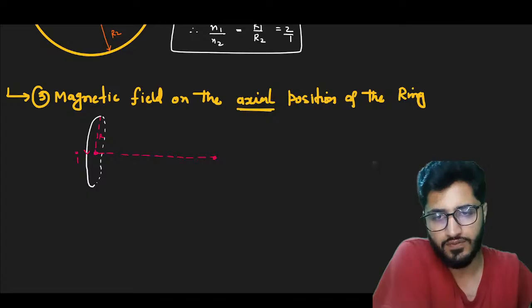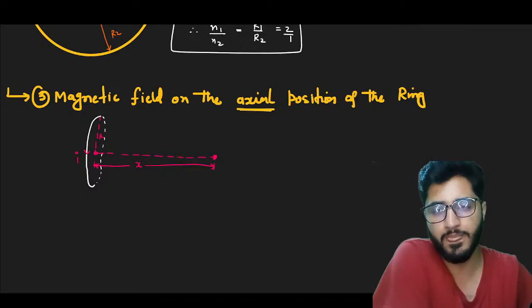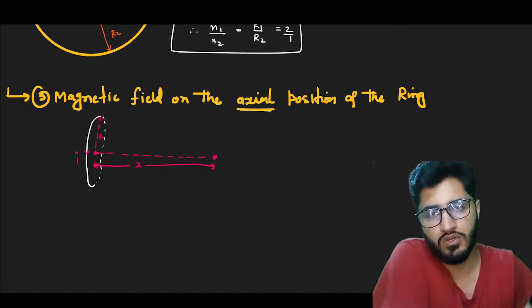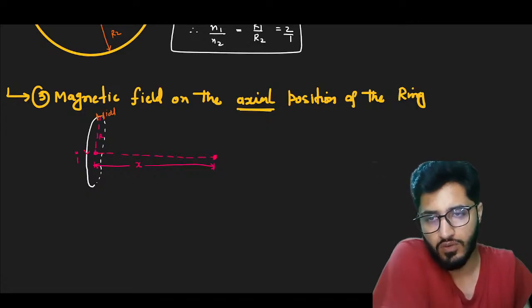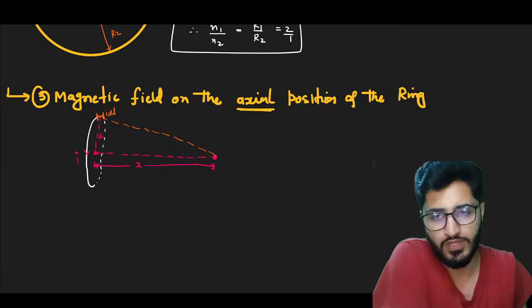Here, this particular point is x distance apart from the center of my ring, and at this point I need to find my magnetic field. So first of all, let us suppose I take a small current element, ideal, right? Now I connect the current element with my particular point.